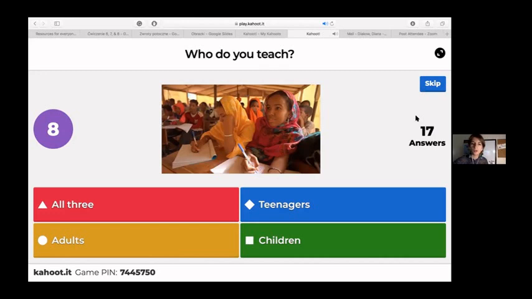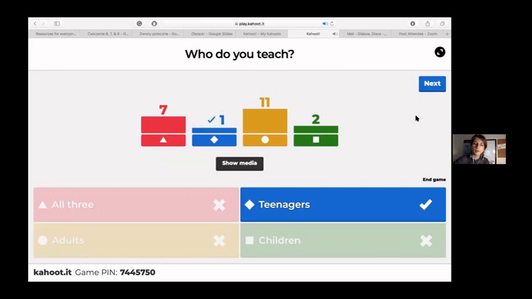So who do you teach? Adults, teenagers, children, all three? Okay, so adults mostly. We have some folks teaching teenagers and children only, and 7 people teach all 3 groups.